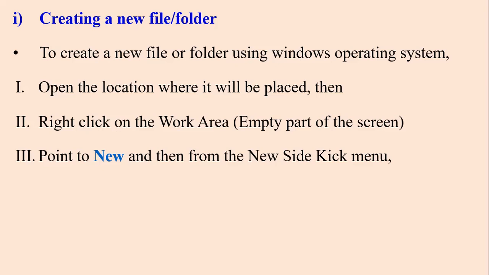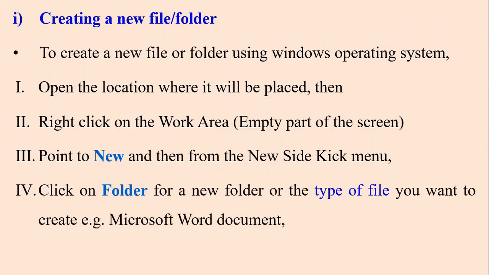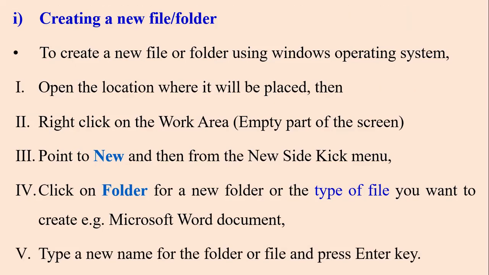From the sidekick menu that will be displayed, you point to New. Once you point to New, you then choose or click on Folder if you want to create a new folder, or you click on the type of file that you want to create, for example, Microsoft Word document. Then you type the name for your folder or file, and once you are through with naming it, you press the Enter key on your keyboard.